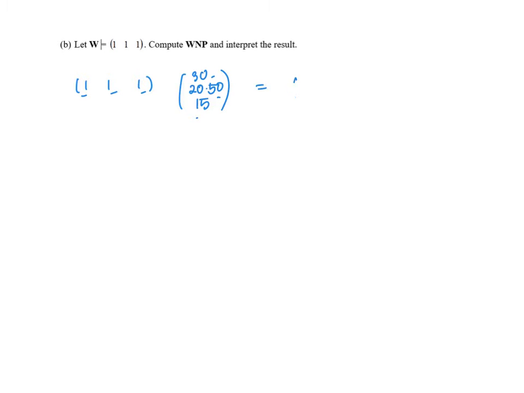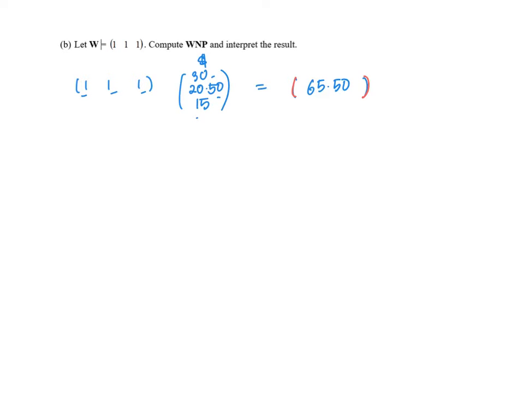So this is basically asking us for the sum. So this is talking about the total price, total money, that I have spent on making the contents of all the different items in the gift basket. So let's calculate the answer, and we have $65.50. Remember to add brackets for your matrices, because it's still a matrix itself. So now let us interpret this result.